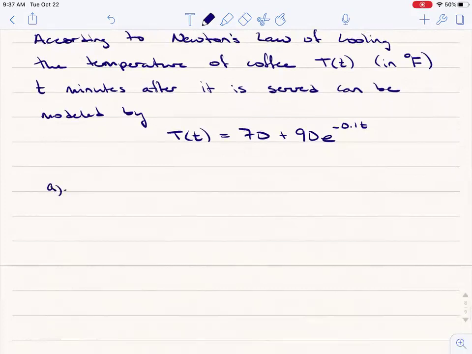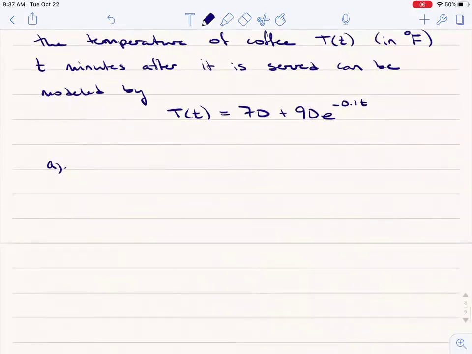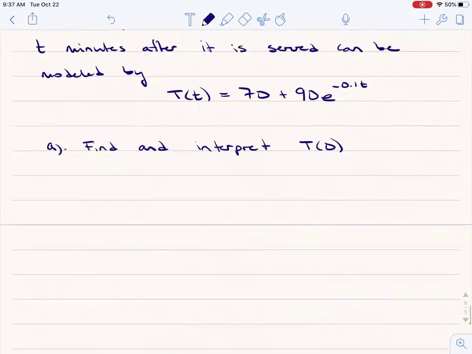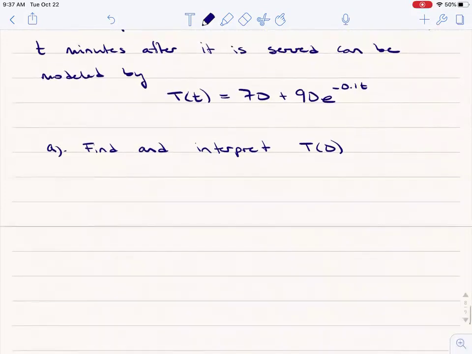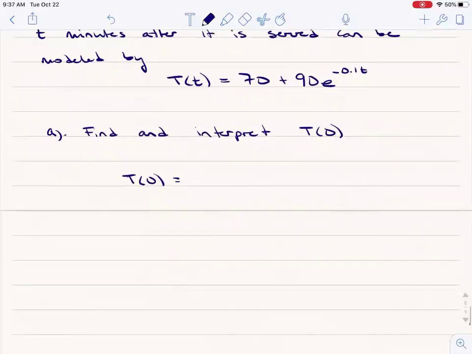Part A, find and interpret T of 0. Well, we can find it easy enough. T of 0, wherever we see a t, we're going to plug in 0.